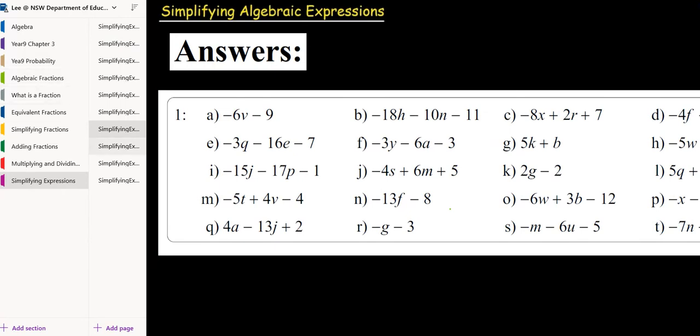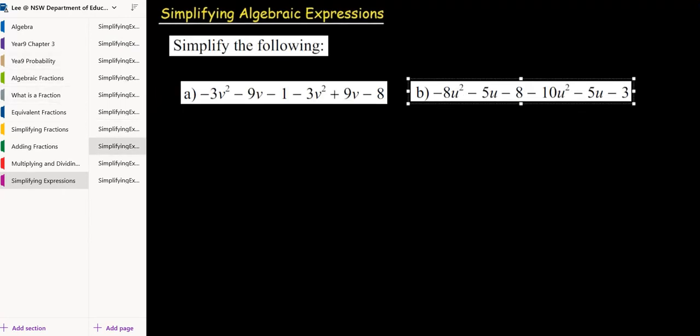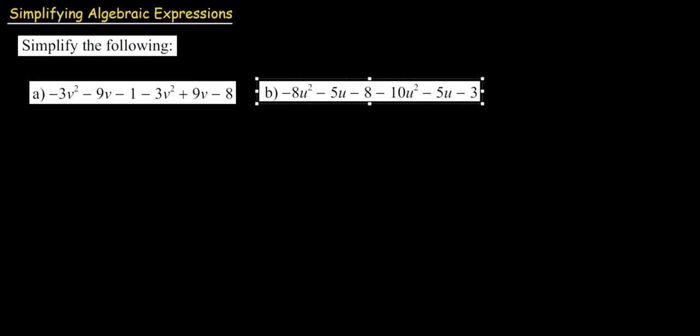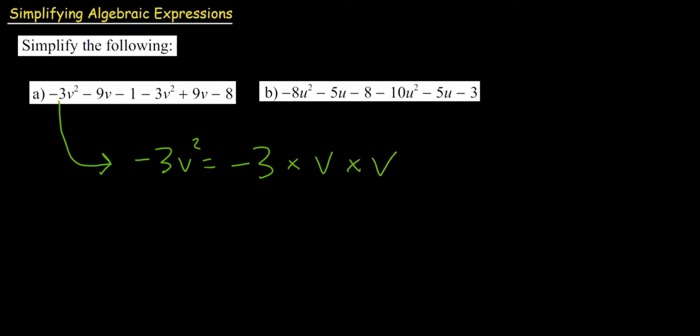And let's have a look at some more examples now. Let's just take a closer look at negative 3v squared. This is the same as negative 3 times v times v. Now, these have little powers on top. Power of 1.